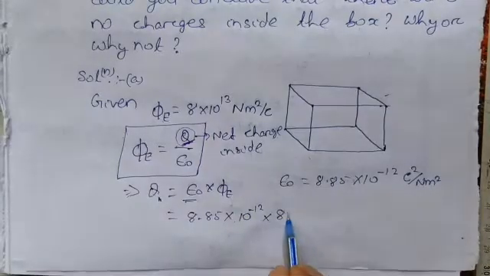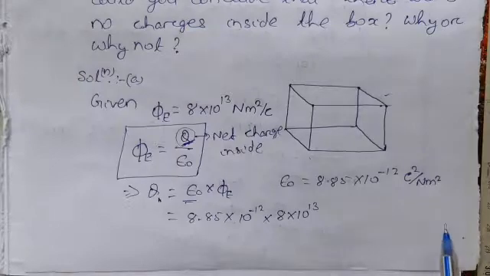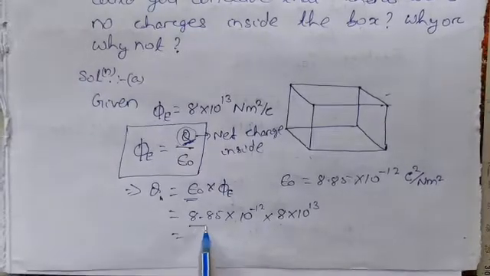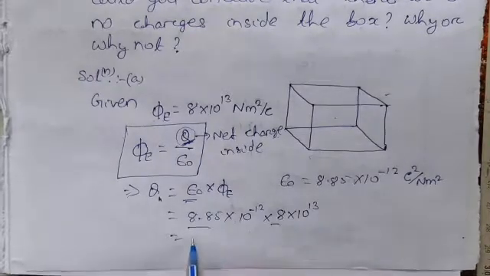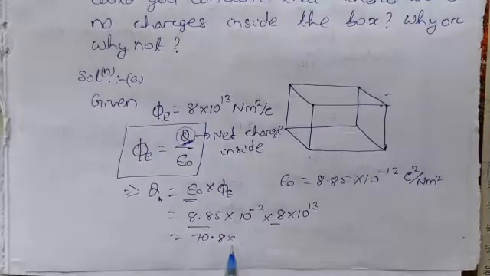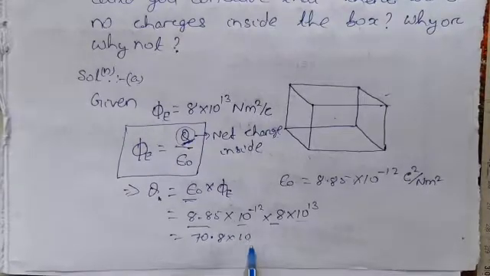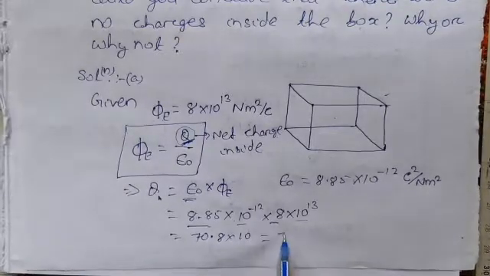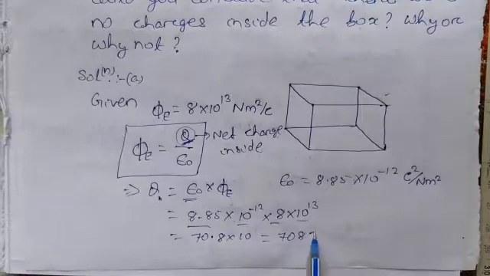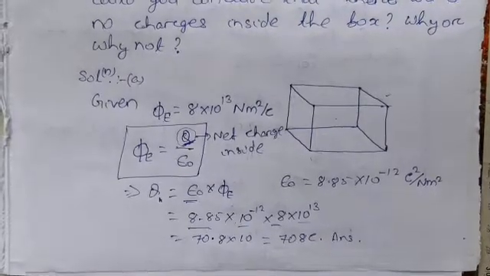So I will write here 8 into 10 to the power 13. Okay. So the multiplication of these two will give 70.8 into 10 to the power minus 12, 10 to the power 13. I will write it 10. So this will become 708 coulomb. This is the answer of section A.